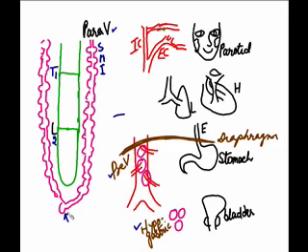So let's see how the pre and postganglionic fibers behave. From the T1 to L2 segments of the spinal cord, the fibers originate from the lateral horn in the gray matter. These are preganglionic fibers; they travel out, enter the ganglion through the white rami communicans, and synapse there.